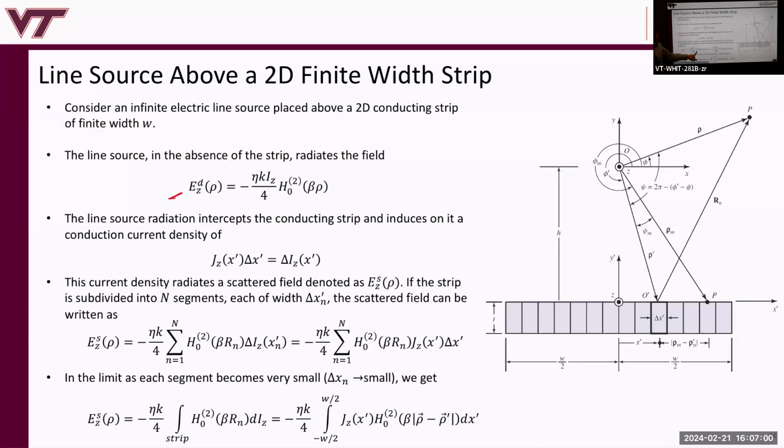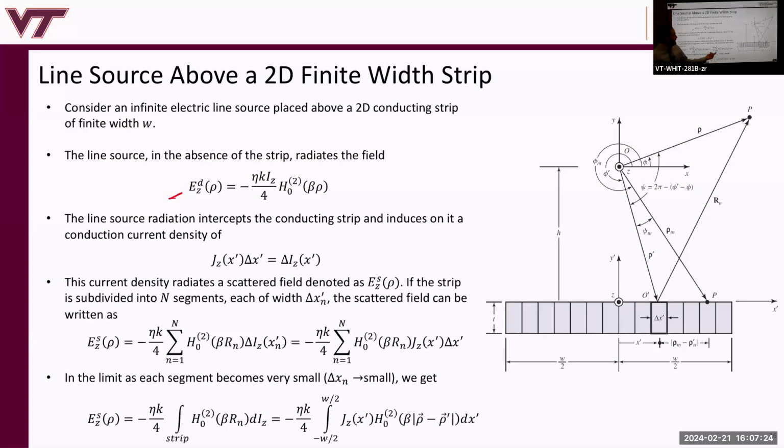We multiply the Green's function for the current density by the current density itself, and we get the radiation due to that element. So we get the radiation due to one of these rectangles of current, and we add them up, right? Now in the limit, as these widths become very, very small, what we get is an integral, right?